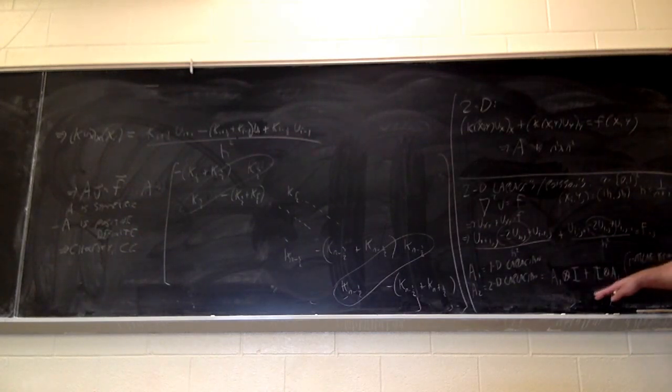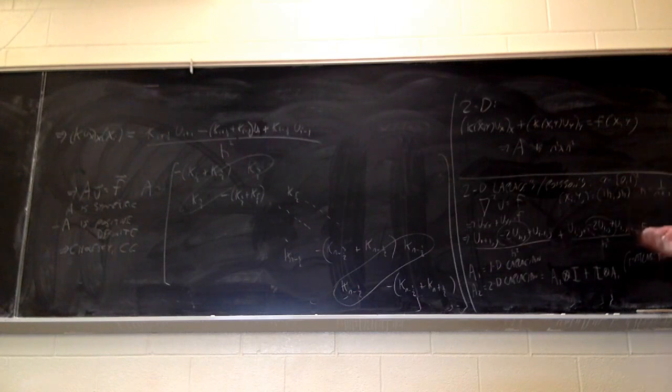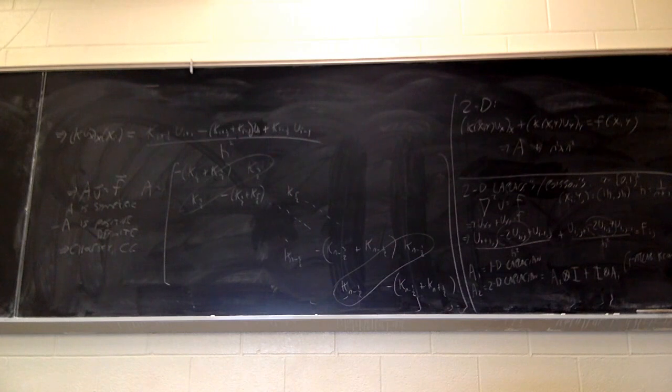Unfortunately, this quick approach to getting the matrix in 2D cannot be used so easily up here because of the variable coefficient. So that's one unfortunate thing about that. But there are other ways that we'll see to make these kinds of matrices, even in that case.